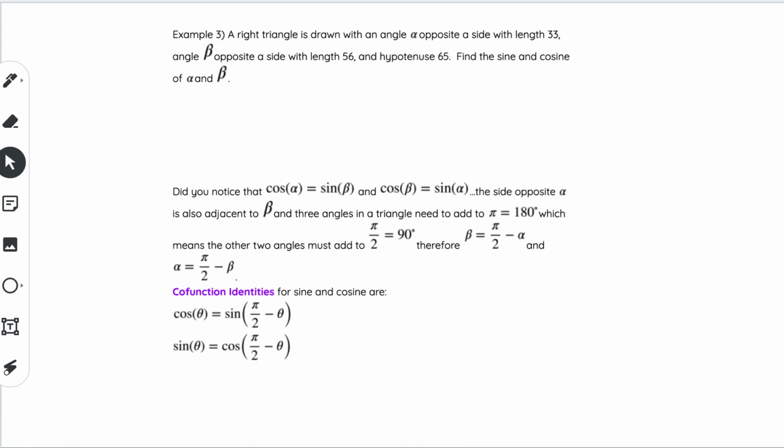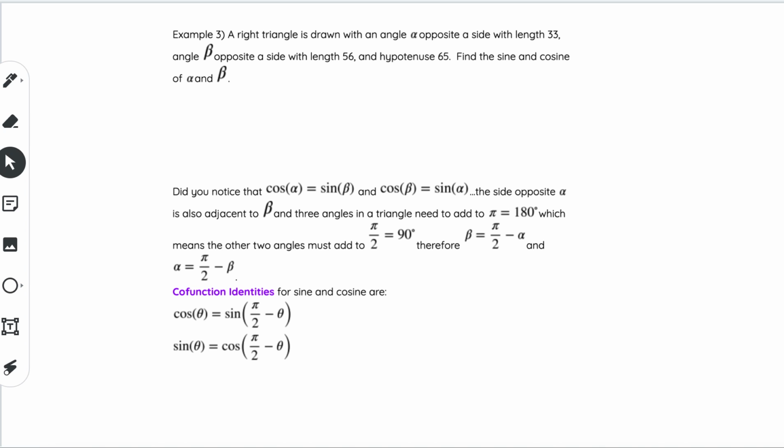Let's head to slide 3. For example 3, it says that a right triangle is drawn with an angle alpha opposite a side with length 33, angle beta opposite a side with length 56, and a hypotenuse of 65.